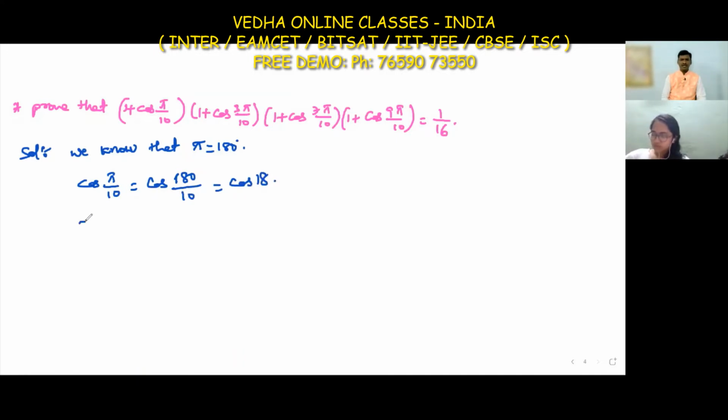And cos of 3 pi by 10 is equal to cos of 3 into 180 by 10, that is 3 into 18. How much is it? 54 degrees.